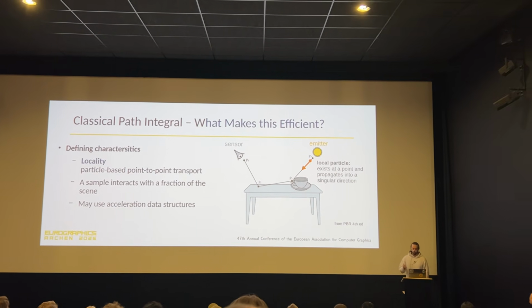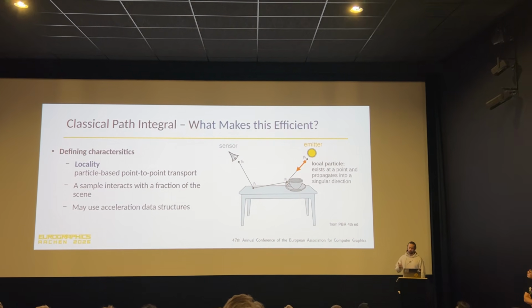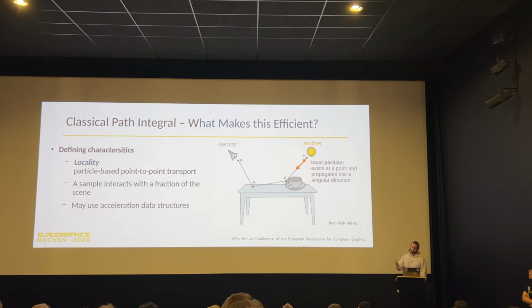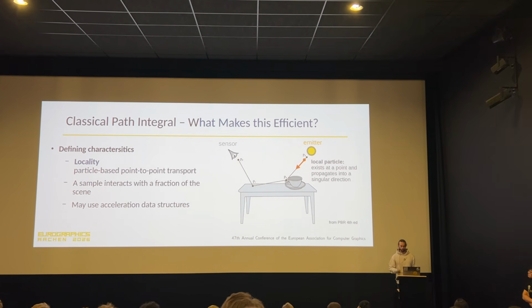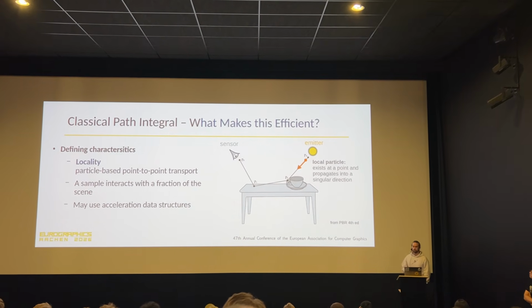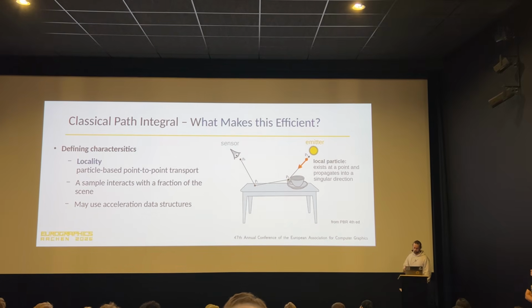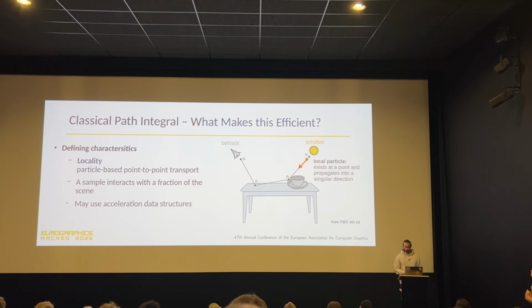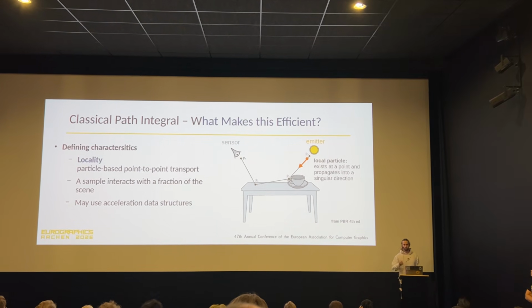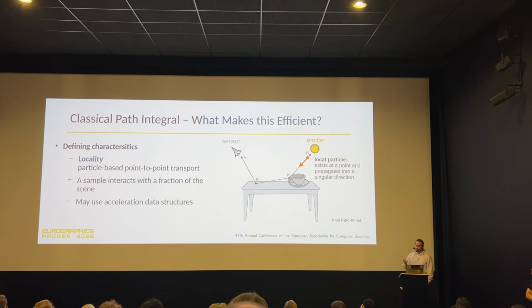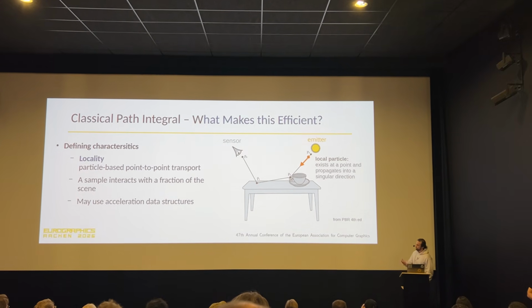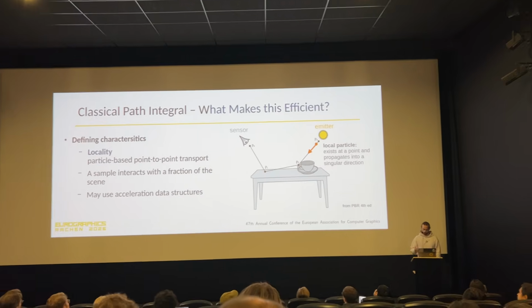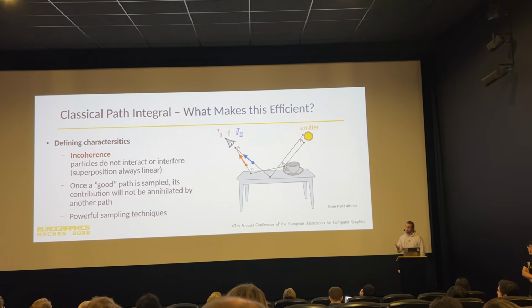Locality means that at any point in time a light particle exists at a singular position and propagates into a singular direction. Such a particle traces classical rays through space and interacts with matter at singular points. Often it interacts with just a small fraction of the scene, and therefore we are able to make good use of accelerating data structures to speed up propagation.